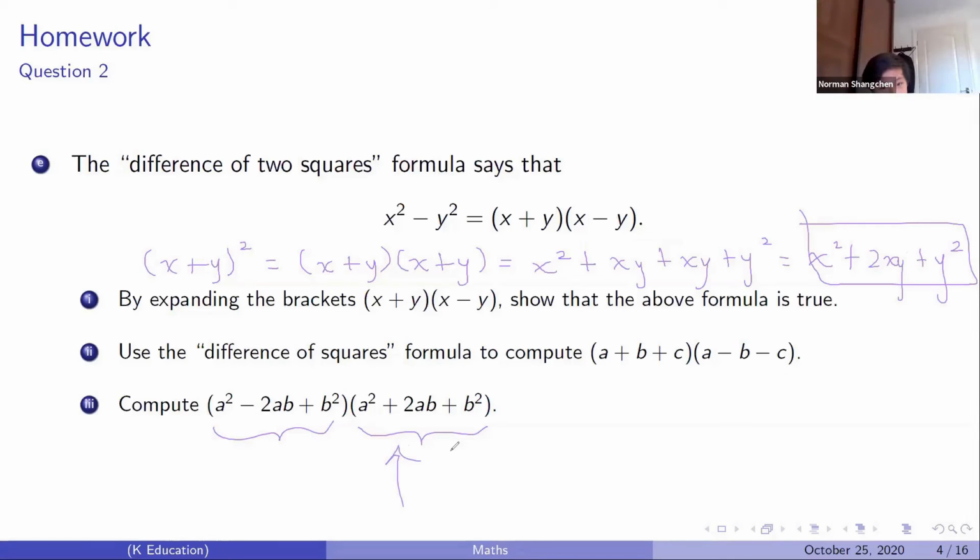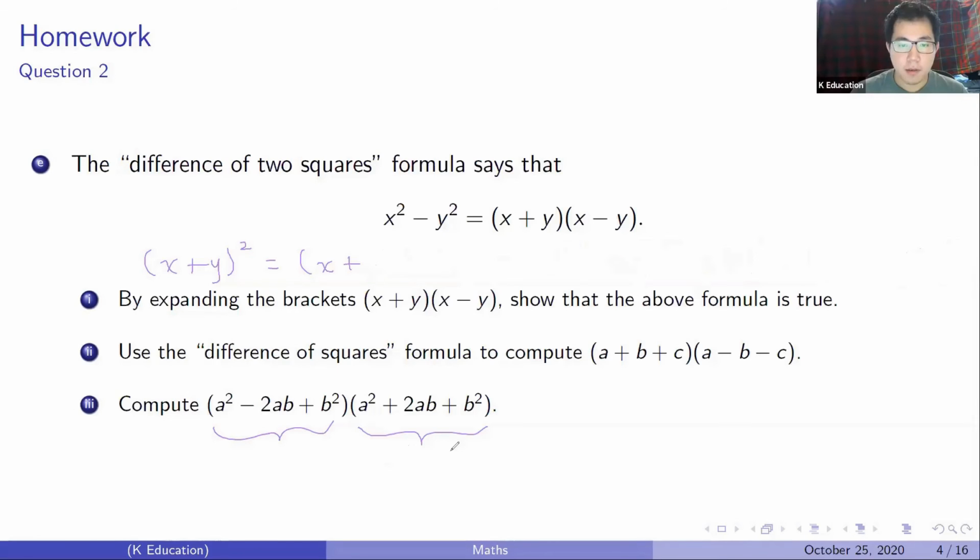Isn't it just like that expanded? Yeah, so if you had to rewrite the second bracket, a squared plus 2ab plus b squared, how would you rewrite it? It would be a squared plus b squared, close in brackets and squared.